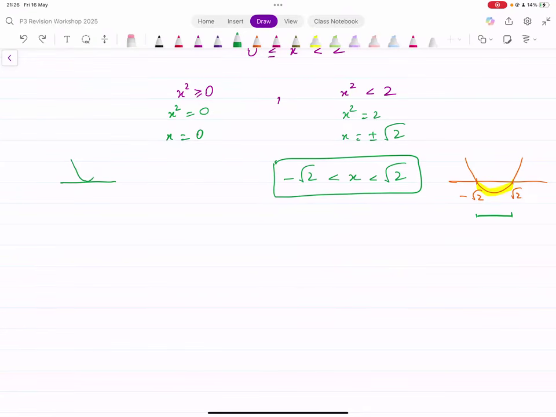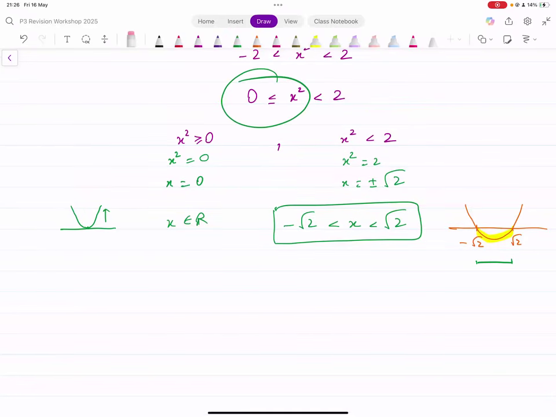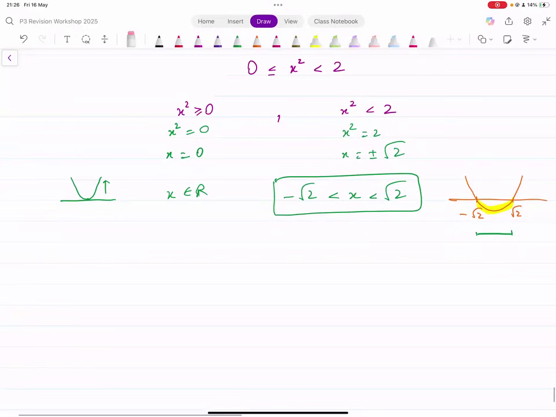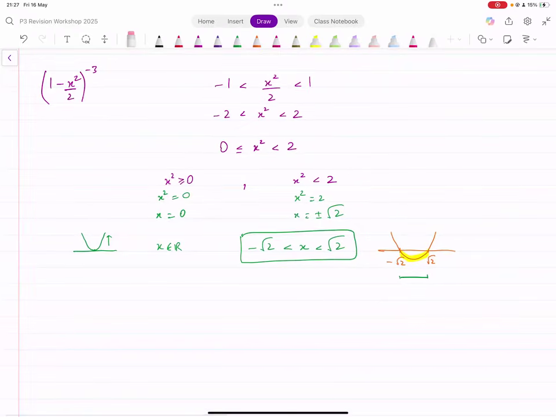It just touches the x-axis here. Now this is always greater than or equal to 0, so this is actually true for all real values. There's no condition that we get from this, because x² is always greater than or equal to 0. So from this we just get all real values of x, no matter what. So the only condition that really matters is that x is between minus root 2 and plus root 2.